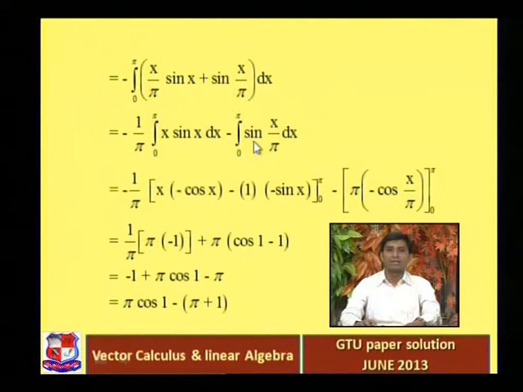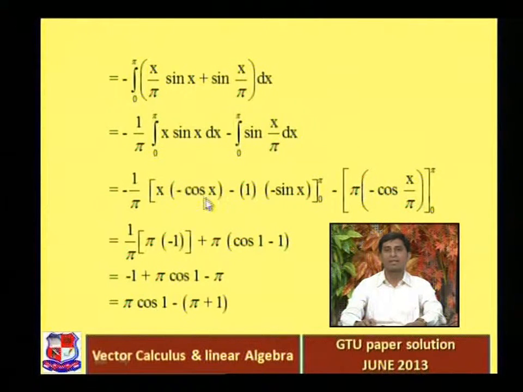Minus integration of sin x, that is minus cos x upon pi, and the coefficient of x is 1 upon pi, so pi will be in the numerator. So the final answer is pi into minus cos x upon pi, with integration from 0 to pi. Now put pi first instead of x, so what will you get?